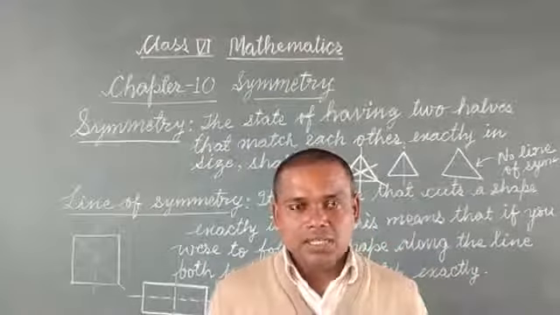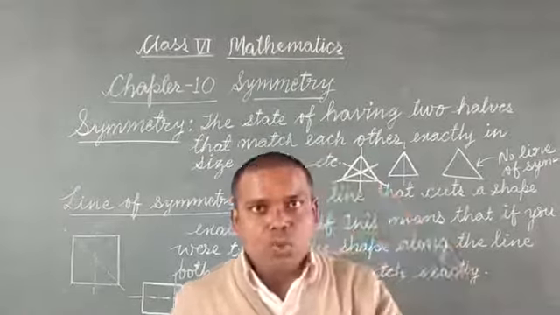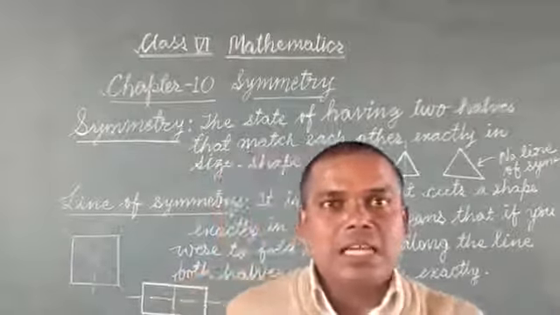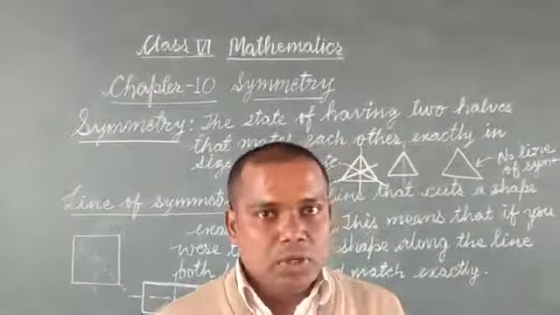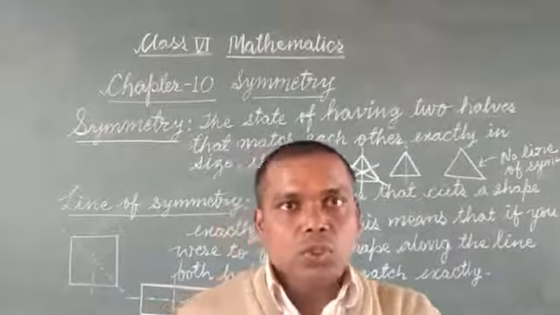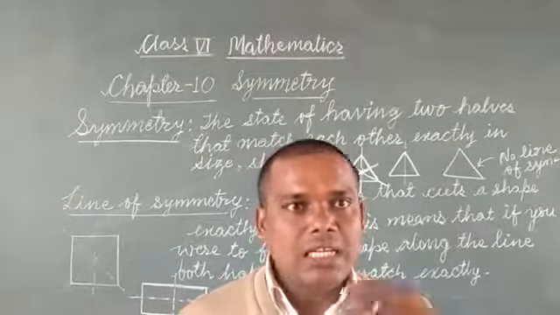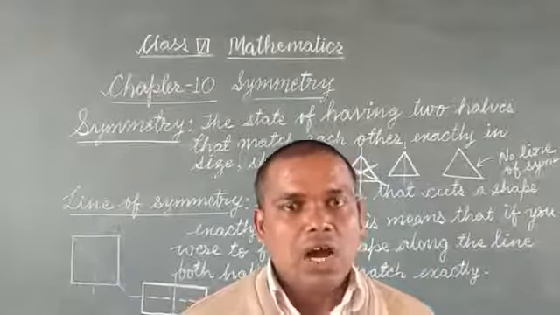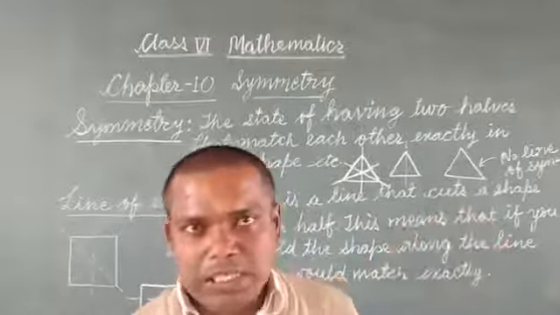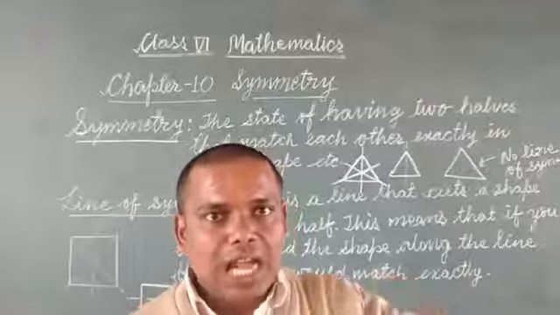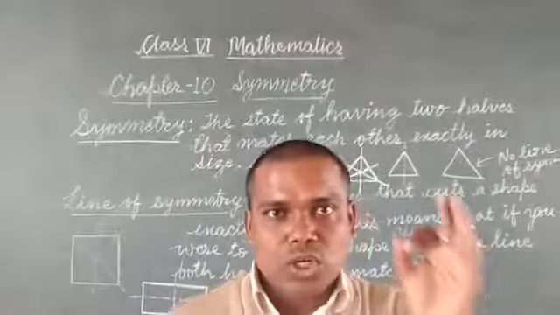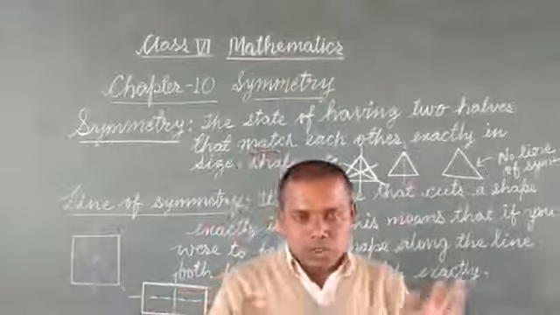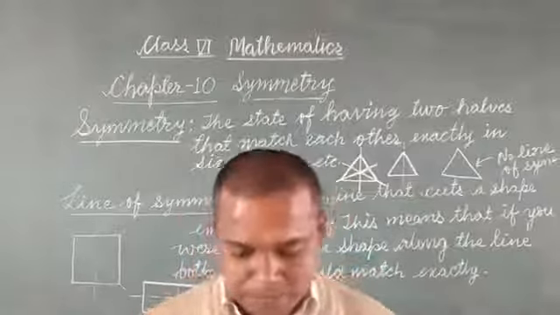So a mirror also acts as a line of symmetry, because the mirror shows us the exact copy. Or if you keep any paper in front of a mirror, it will show the exact copy of that one. So with the help of a mirror, we can also understand the line of symmetry.